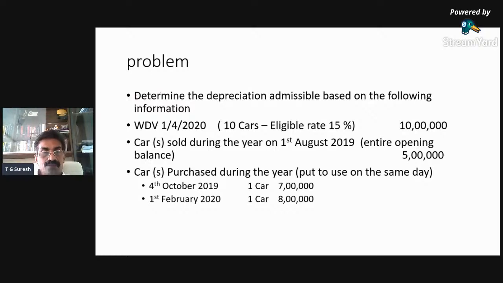Lokesh G has given, let's see. Aniruddhan 4 lakhs 5,000, Lokesh 3 lakhs.